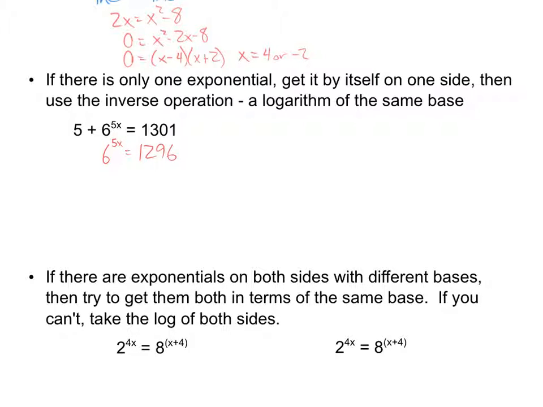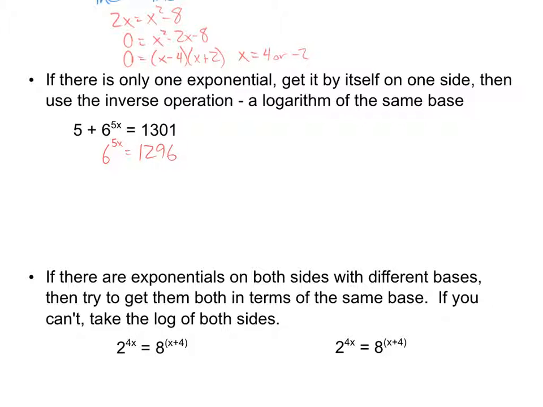Now, there are kind of two ways that you might do this. One way is to just take the log of both sides, log base 10, the common log. But in doing that, you end up re-deriving the change of base formula that we learned, and we don't want to do the same work over and over again.